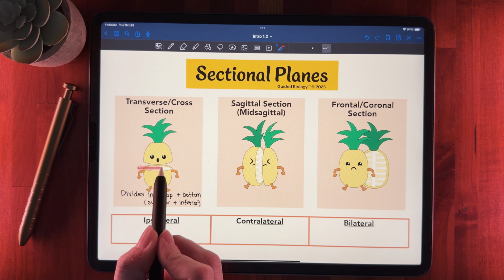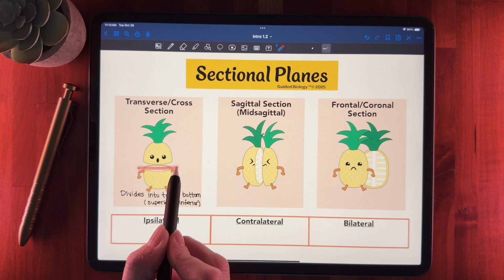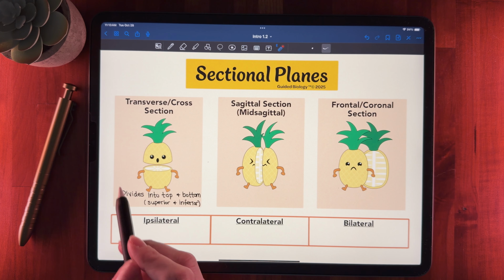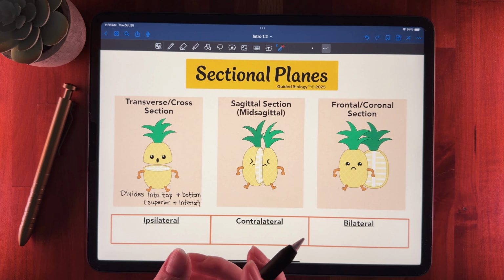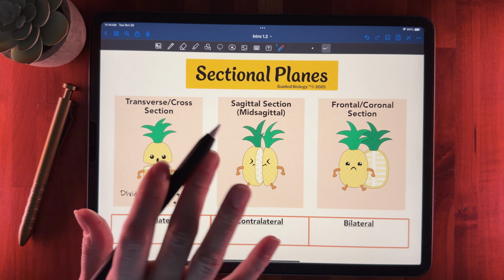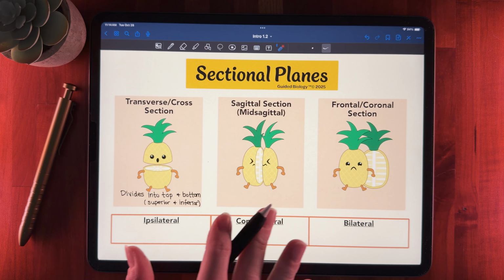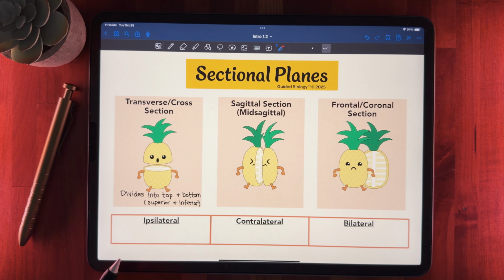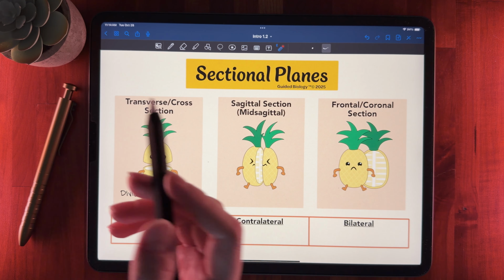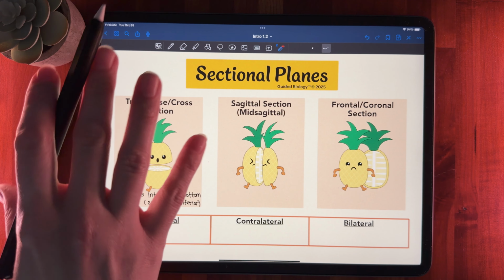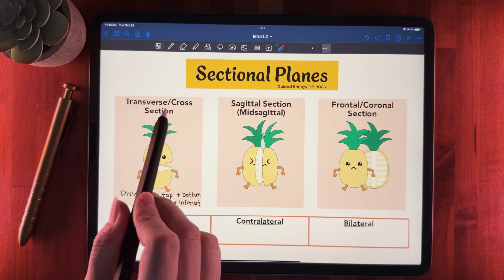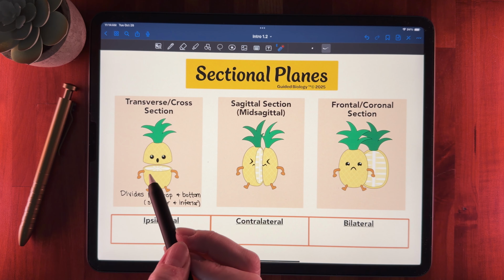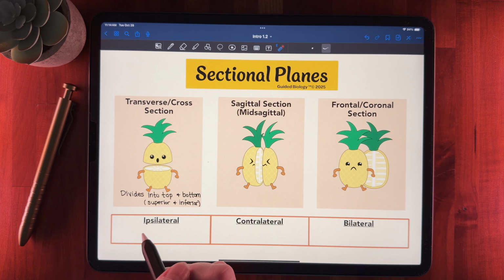That way you can get a cross section through the spinal column at each of those discs to see if one of the discs was herniated and bulging outward. With CT scans, you can do them from many different directions. So technically, you could do a CT scan for all of these different sectional planes. But an example of why you would do a CT scan that is a transverse section could be to look at those discs and see if it's herniated. Okay.